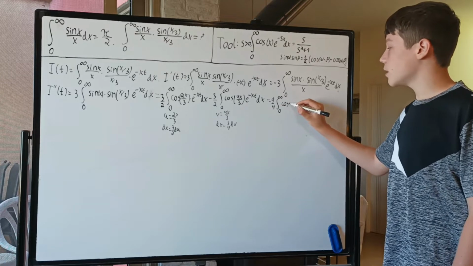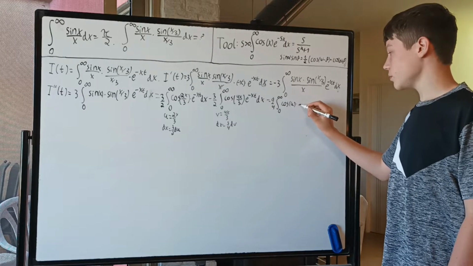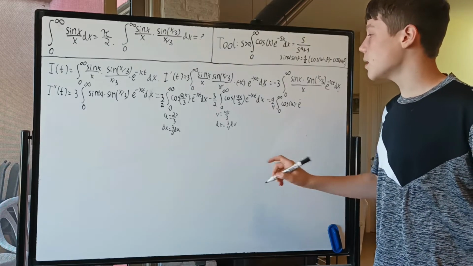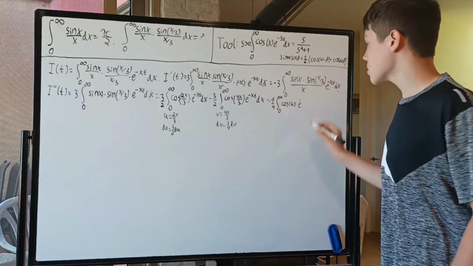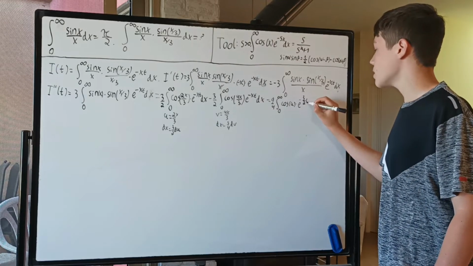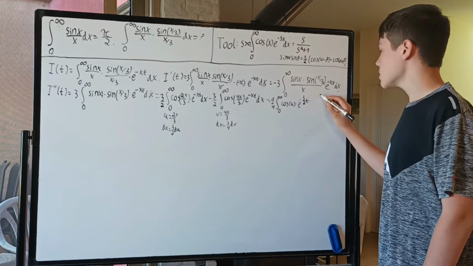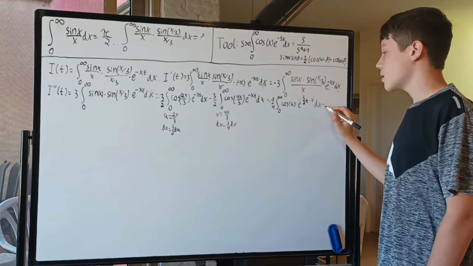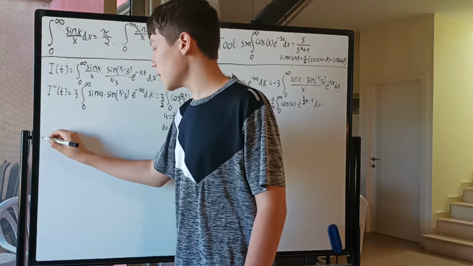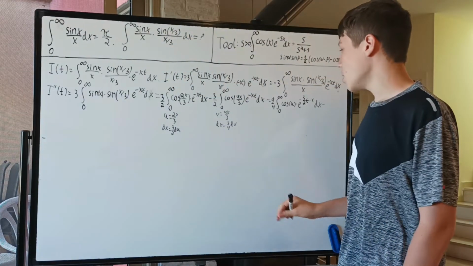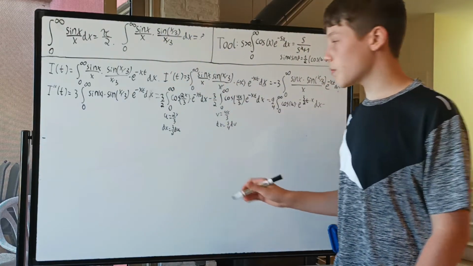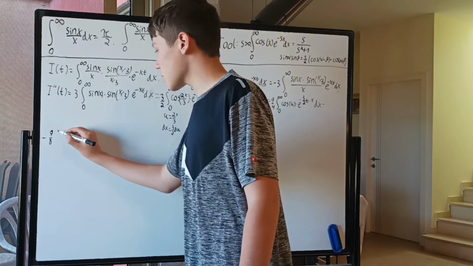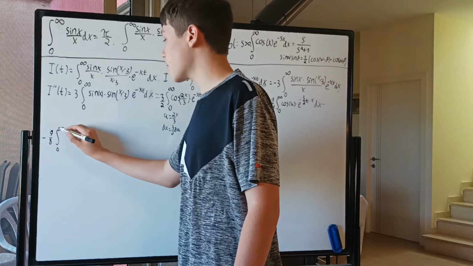We'll have cosine u times e to the negative, now let's see, x is 3 over 2 u, so this is going to be 3 over 2 t times u, du. And then minus, this time I'll have 3 over 4 times 3 over 2, that's 9 over 8, times the integral from 0 to infinity.